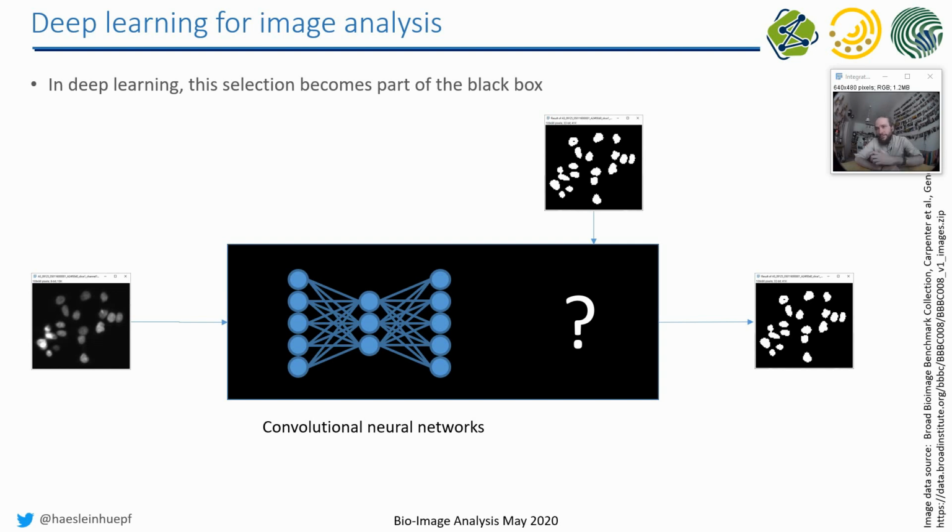There are amazing results in recent years, but the number of applications in microscopy is yet a bit limited. I assume that this will change in the next 10 years. That's why I'm mentioning it here. So this may play a bigger role in the future. And if you want to evaluate the quality of a deep learning algorithm segmenting your images, the technique for evaluating the quality is still the same as I showed you some slides earlier.